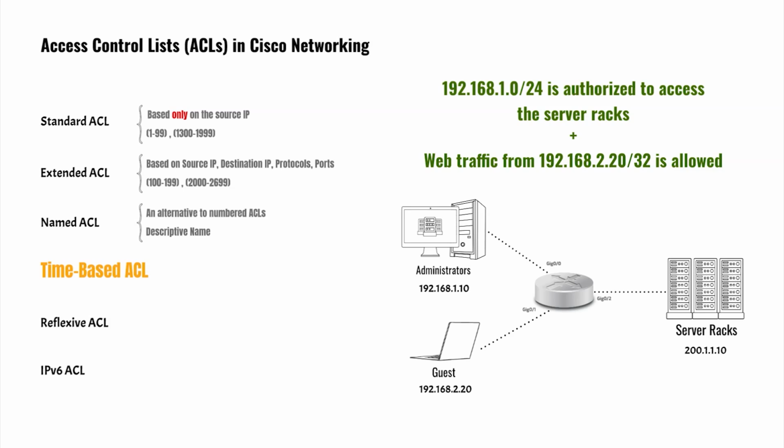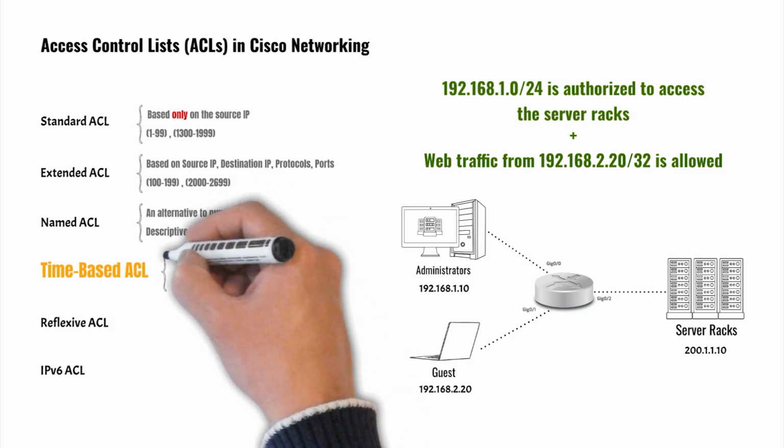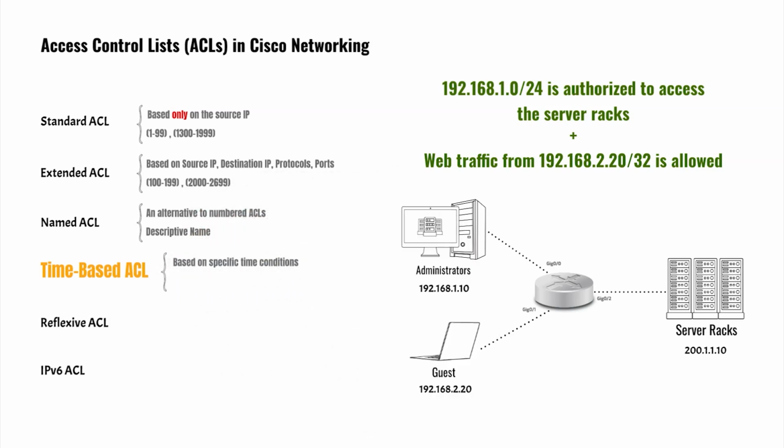A time-based access control list enforces network traffic rules based on specific time conditions, allowing or denying access only during predefined periods. It is commonly used for restricting user access to resources during certain hours, such as limiting internet access to business hours. Suppose we want to restrict guest access to the servers to business hours only.